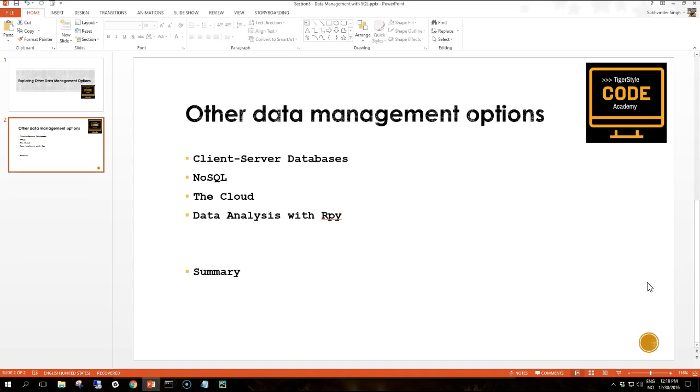The nature, volumes, and need for rapid access of such data means that traditional SQL databases are not well suited to the task. The solution has been a variety of technologies that go under the collective term NoSQL. NoSQL does not mean that no SQL is used, but rather it stands for not only SQL.